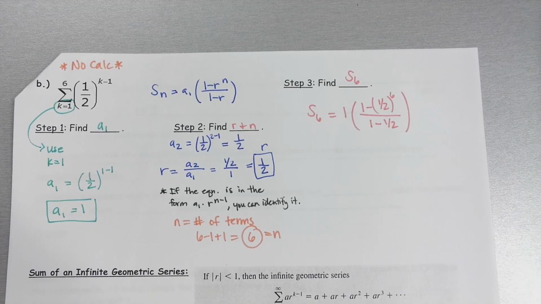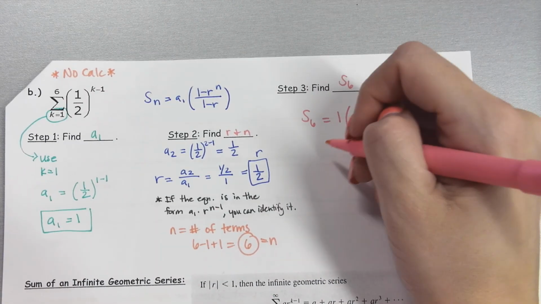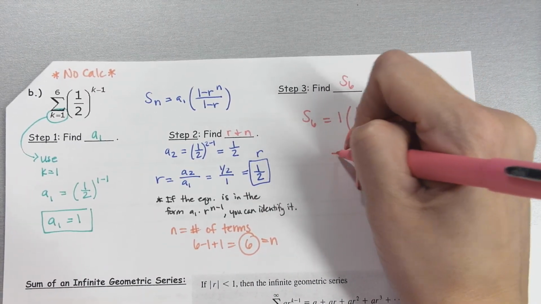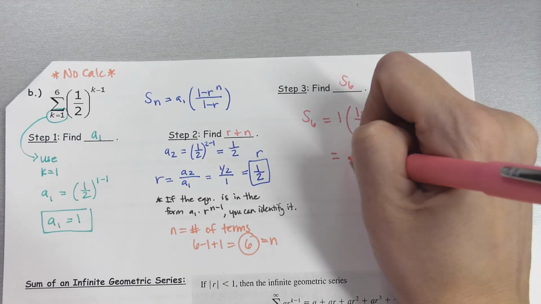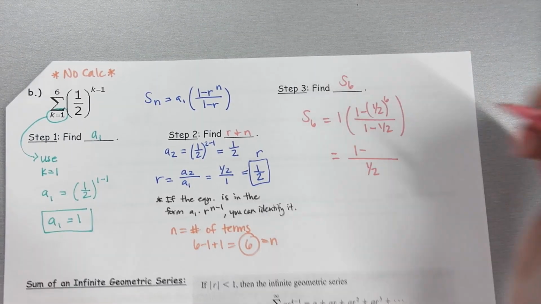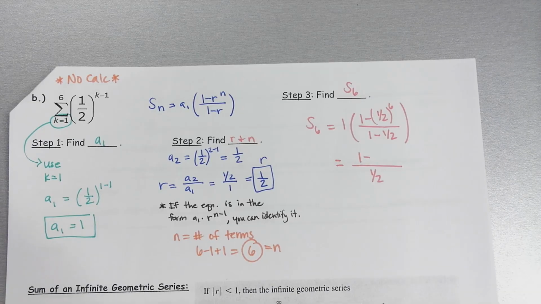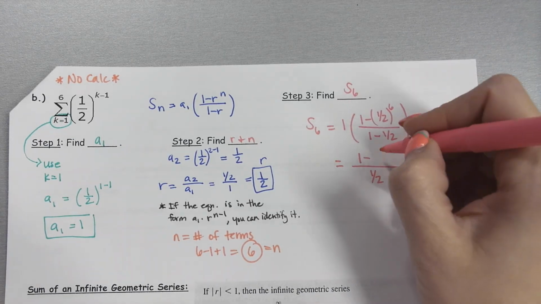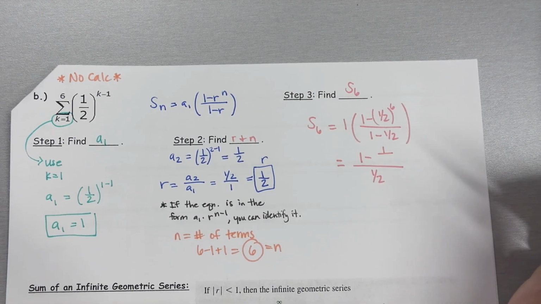So 1 minus r to the n over 1 minus r. 1 times anything is itself, so we really don't have to worry about that. 1 minus a half, we know it's 1 half. And then we're going to do the exponent here. So 1 to the 6 is 1. What's 2 to the 6?